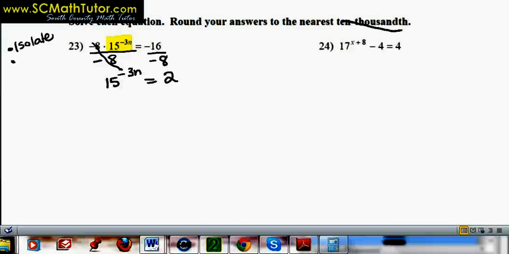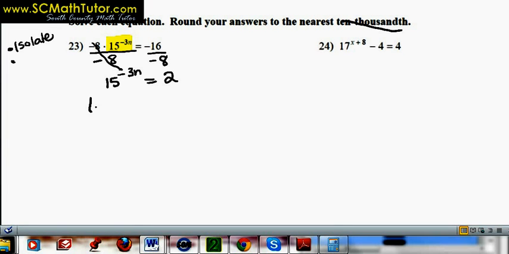You can use the log or the natural log of both sides. Since we're used to logs, let's use log.